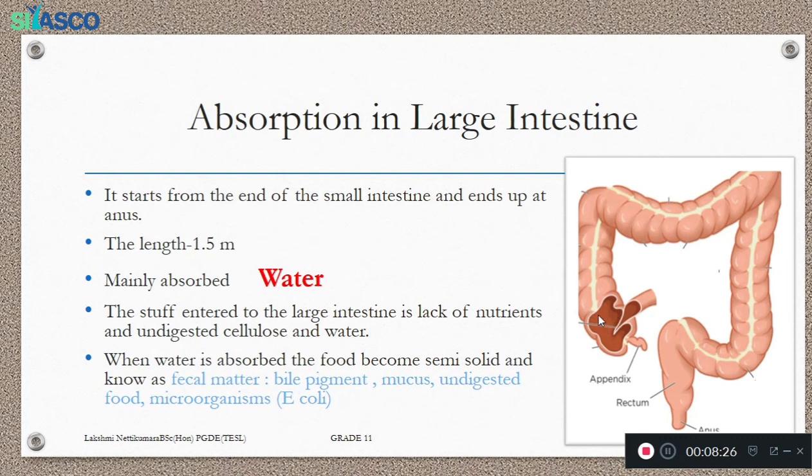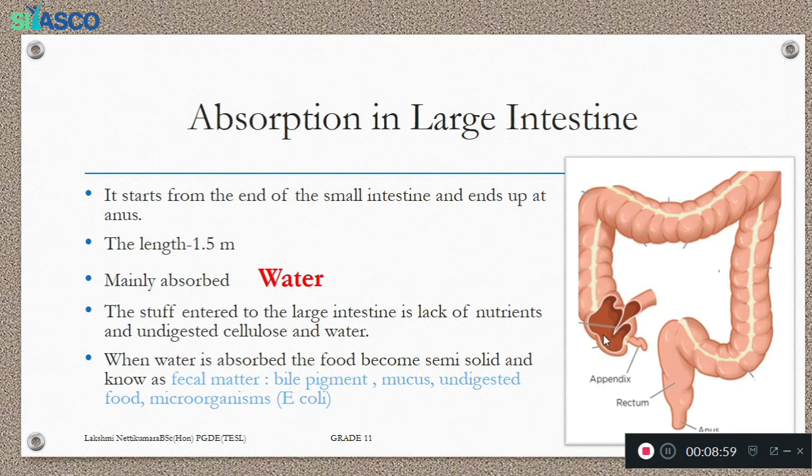This watery food becomes semi-solid and forms fecal matter. This fecal matter is yellow in color due to the bile pigment, and contains mucus, undigested food, and microorganisms, mainly E. coli bacteria. Now we cannot call it chyme or food, it is fecal matter, because there are no nutrients.